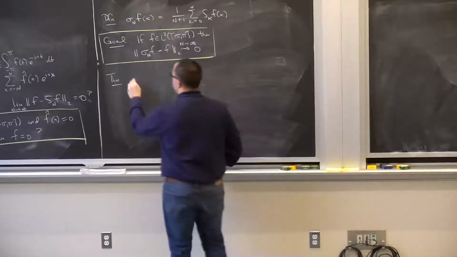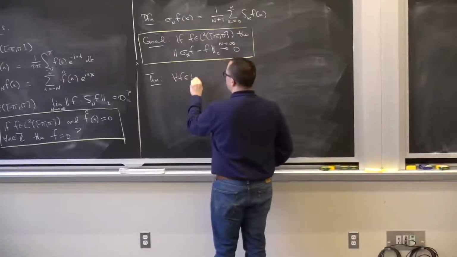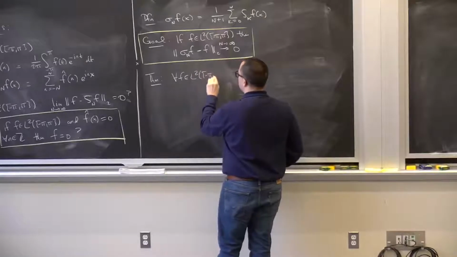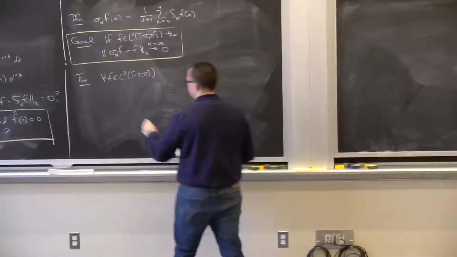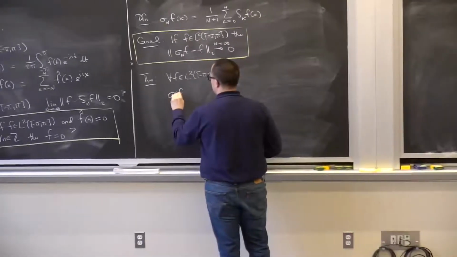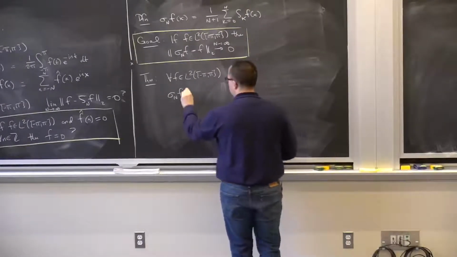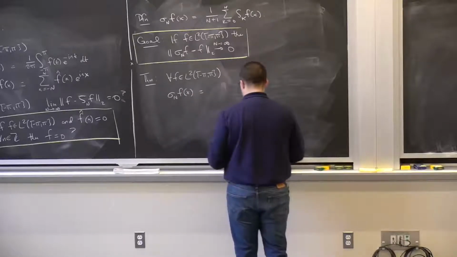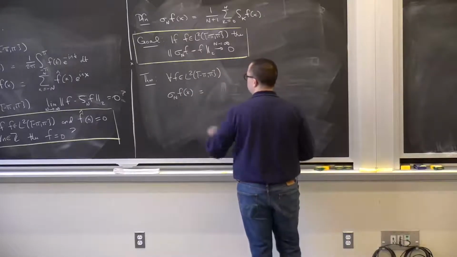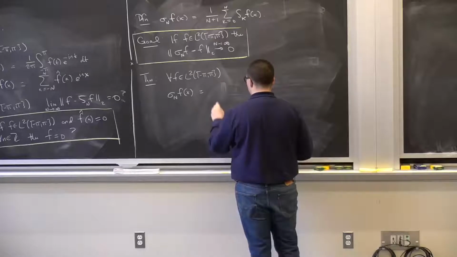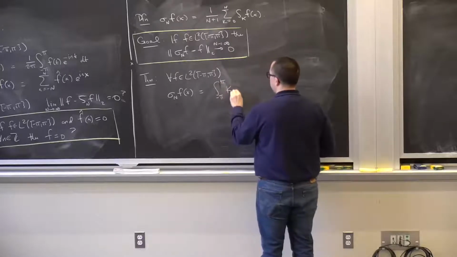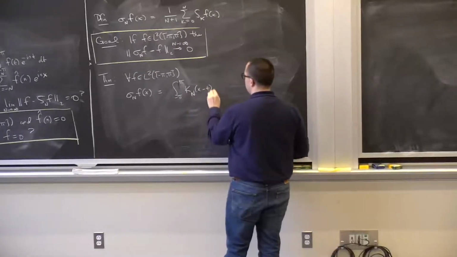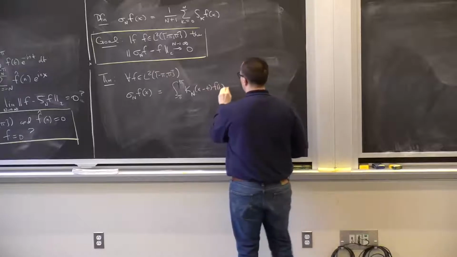All right, so the statement is for all f in L2 of minus pi to pi, we have that the Nth Cesaro mean of f, or Cesaro Fourier mean, I can write as the integral from minus pi to pi of a function K_N of x minus t times f of t dt.